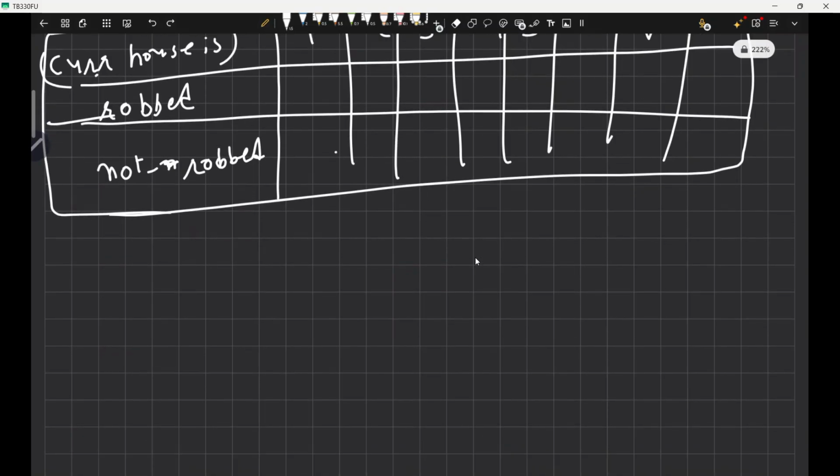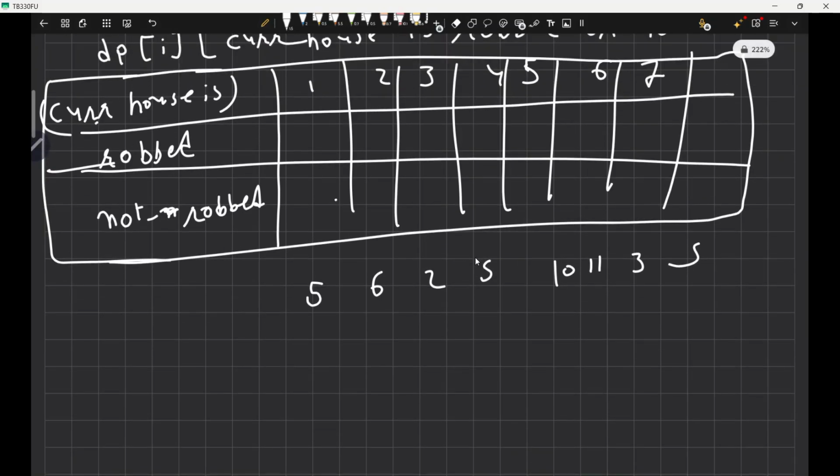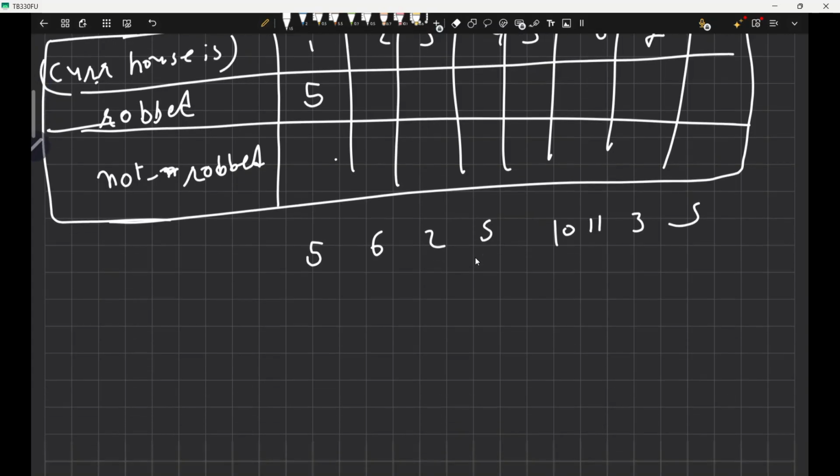So let's say the values are something like 5, 6, 2, 5, 10, 11, 3, 5, something like this. Again, if you rob the current house, the value you are going to get is 5. And if you do not rob this house, I hope that you know the states.